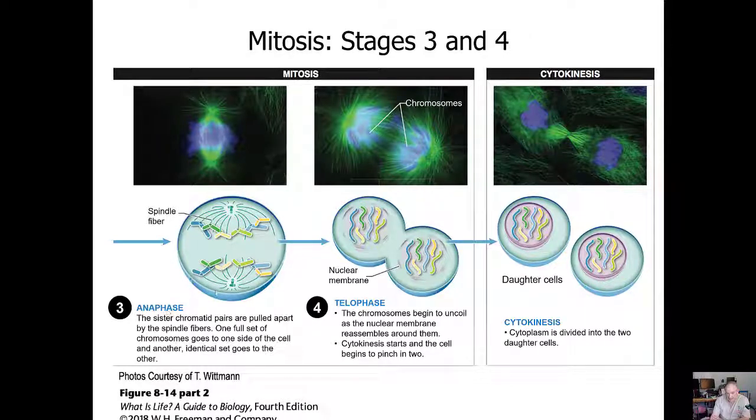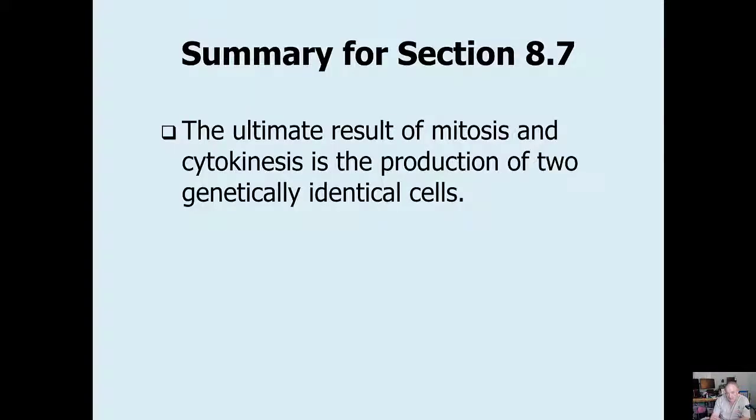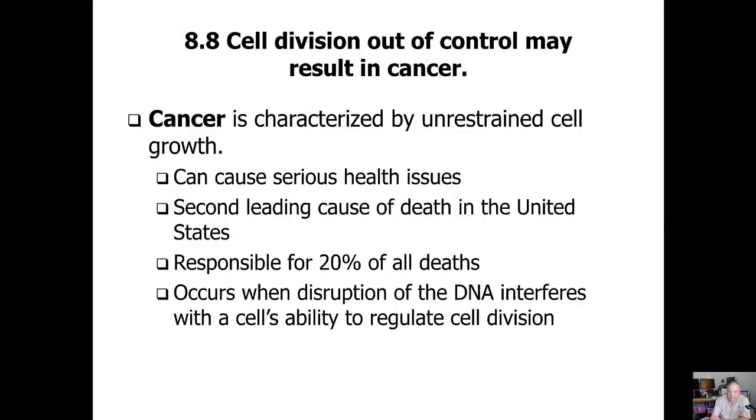Anaphase, you can make that little A, if you recall, and then telophase is at the end, and then we divide into two daughter cells. So that's the key in mitosis, the end result is just two daughter cells. The ultimate result of mitosis and cytokinesis is the production of two genetically identical daughter cells.